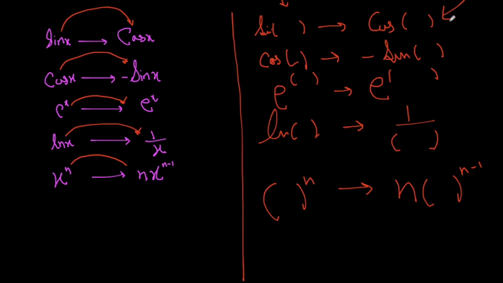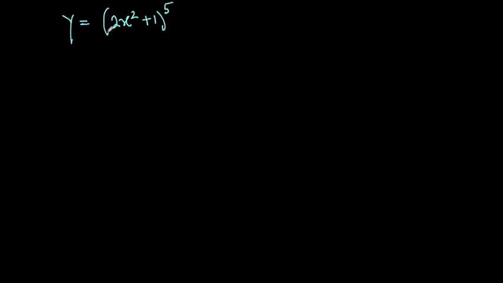Now let's move to the questions. This is the question. You cannot use the product rule here. First of all, you can't use the quotient rule, and you can't use the formula for x to the power n directly. But I can say bracket to the power 5.